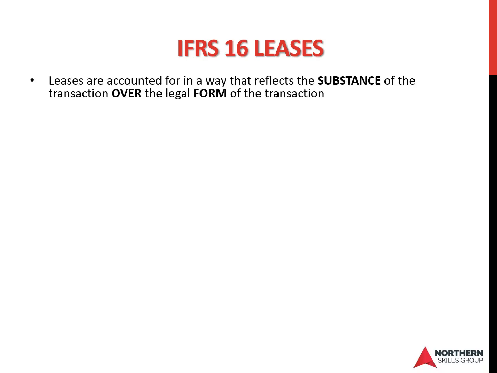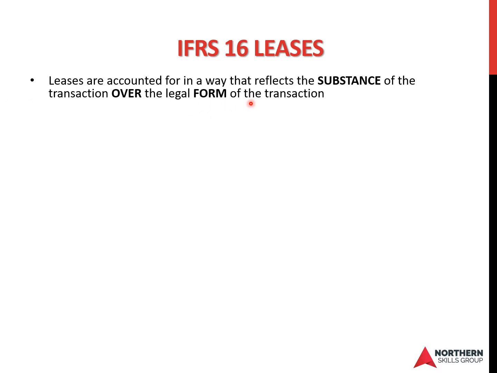One calculation that frequently crops up as part of question 5 concerns the treatment of leases, and this brought about a major change to accounting when the rules were first introduced, and is an example of the application of substance over legal form.